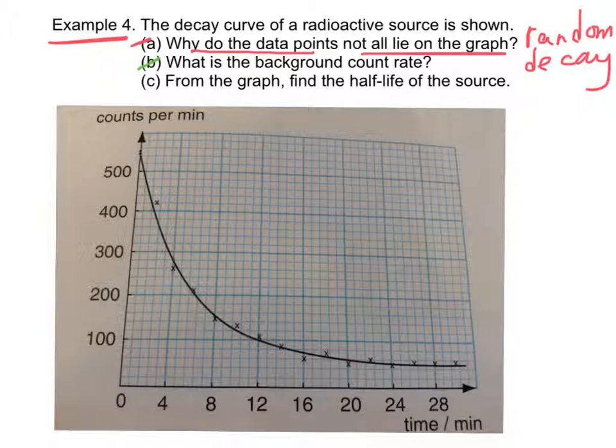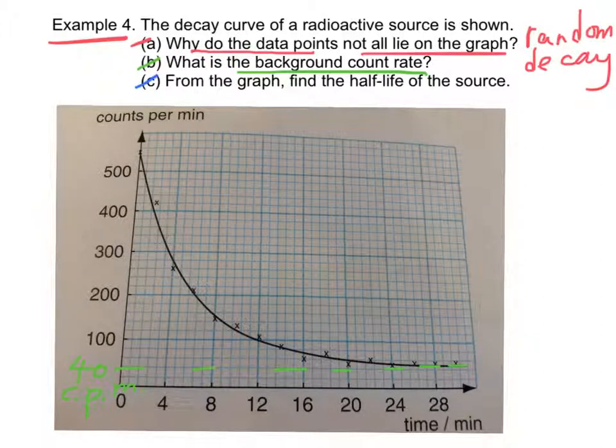Part B. The background count rate can be read directly from the graph for the flattened part, which is approximately equal to 40 counts per minute.